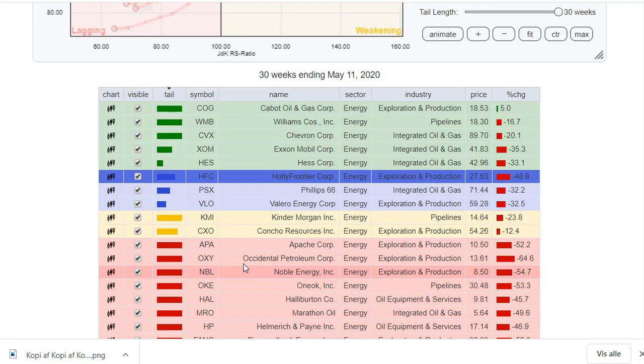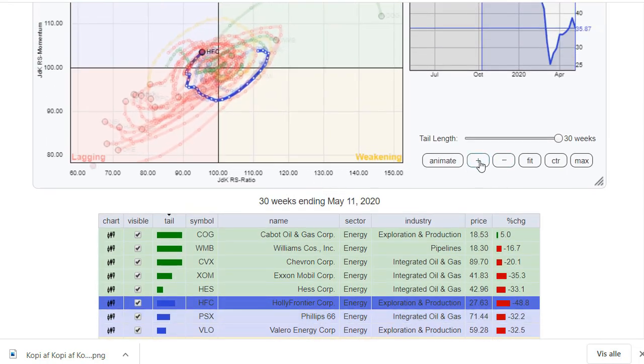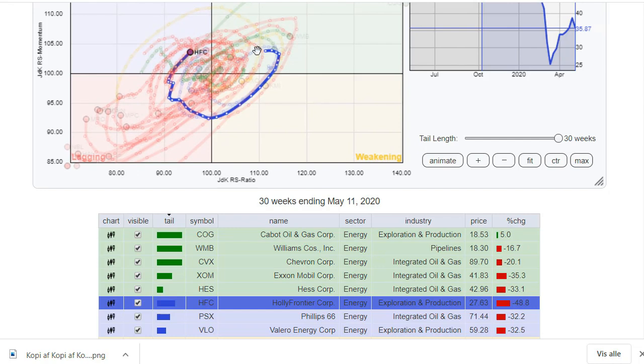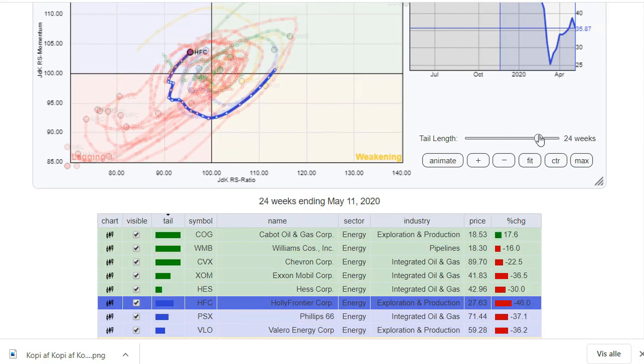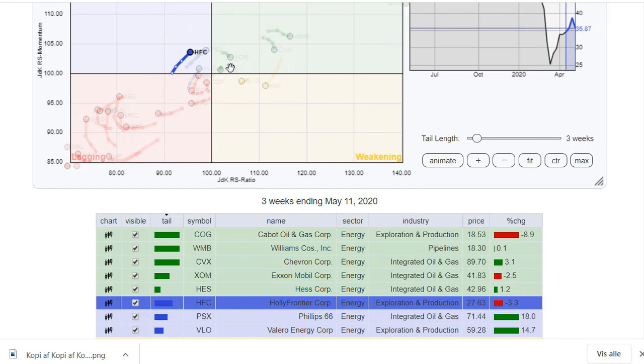We have this one, the HFC, Holly Frontier Corp. I don't really know how that one is looking, but you can see here that it started to go really bad for that one around 22 weeks ago. And then it started to improve a lot, and something like 3 weeks ago we entered into blue territory.